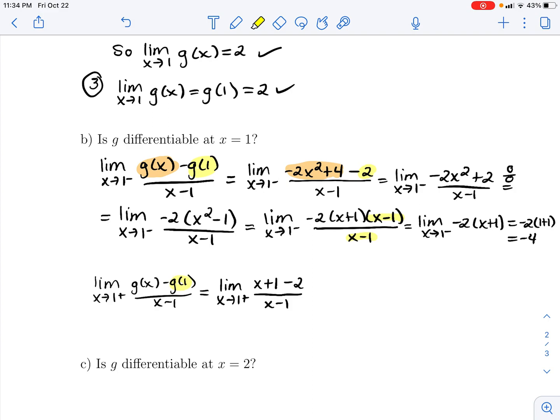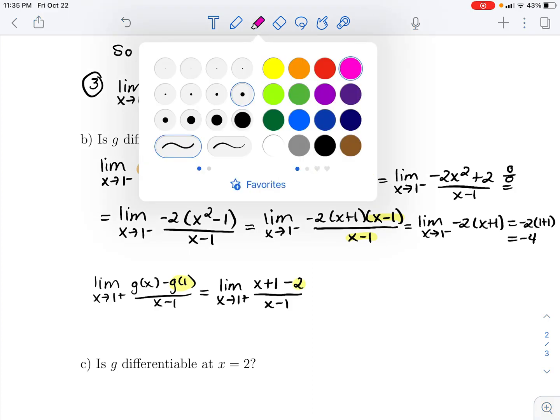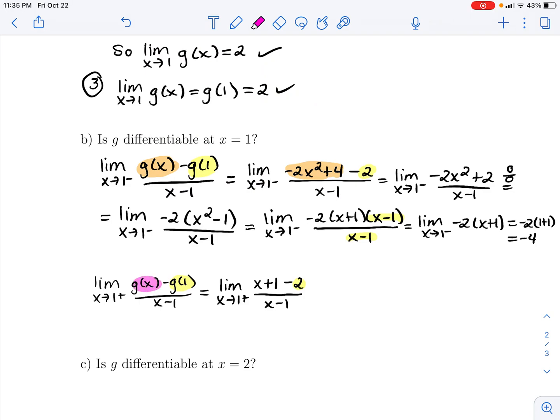Okay, so I did in fact just plug in g of 1. That's where I got this 2. And I'll use a different color here because we were different. In this case, the g of x, we're using the bottom piece because we're approaching 1 from the right. Okay, so now simplifying the numerator here, I get that this is (x minus 1) over (x minus 1). Okay, but x minus 1 divided by x minus 1, that just becomes 1.